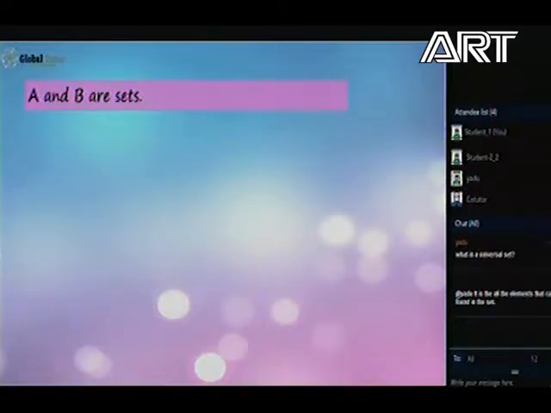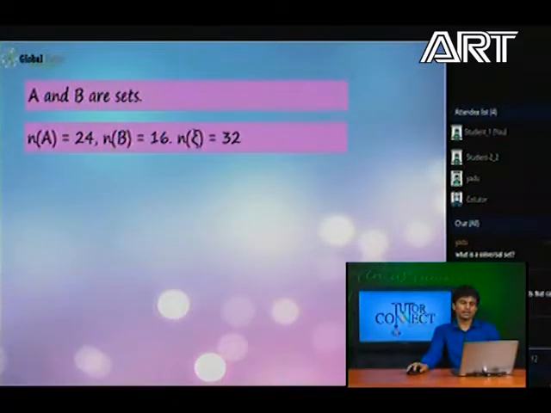So, A and B are sets, as we have previously discussed. If the number of A equals 24, the number of B equals 16, and the number of elements in the universal set equals 32. As we discussed earlier, the universal set means the total number of the whole Venn diagram.